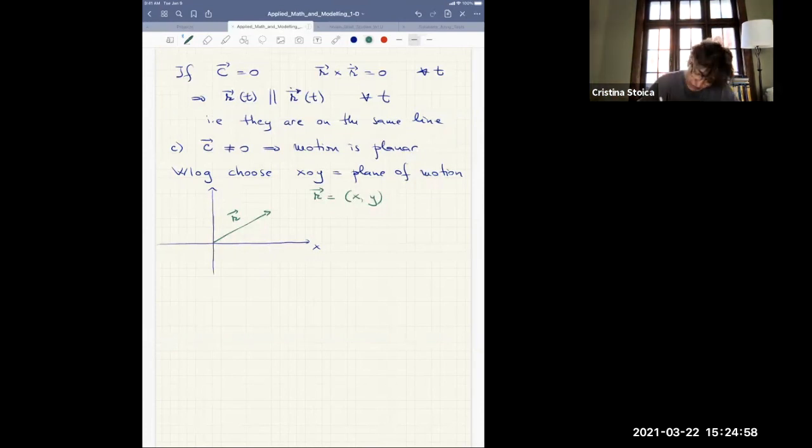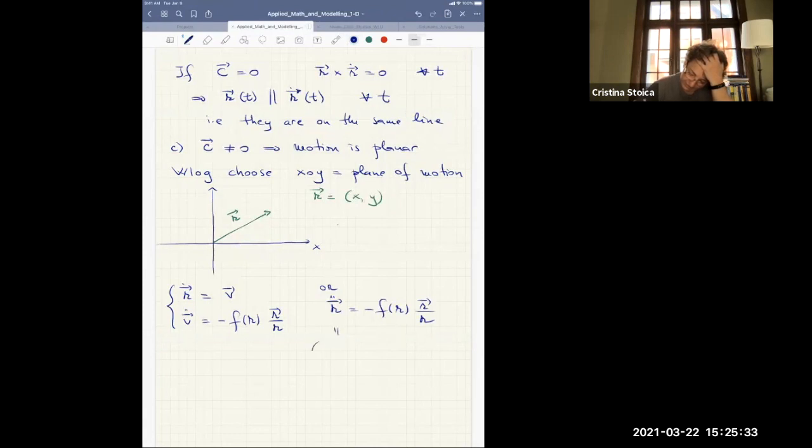Now with this equation, we have r dot was v, v dot was minus f of r over r, which in components becomes a second order equation.